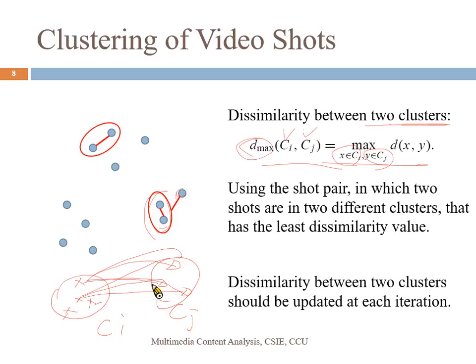Among these pair combinations, we take the maximum distance, maybe this one and this one. So we use this distance as the distance between Ci and Cj. Okay, so based on such a definition, we can calculate the distance between any two clusters.